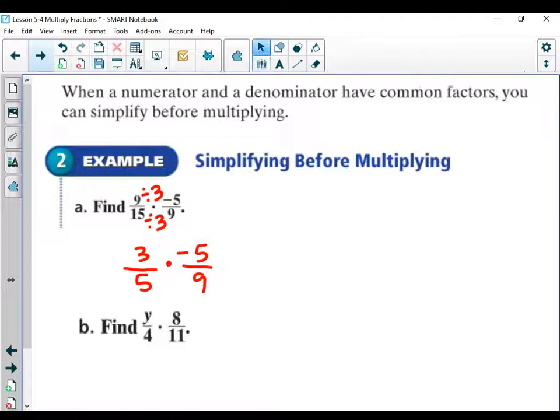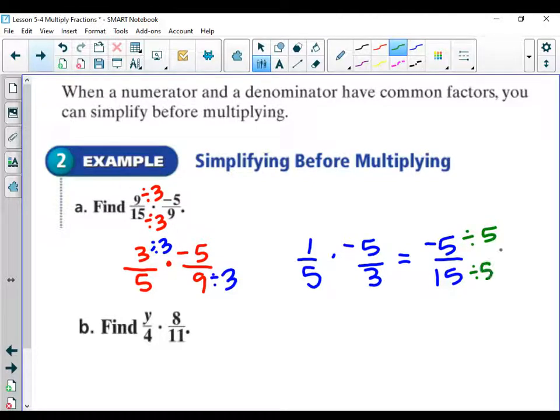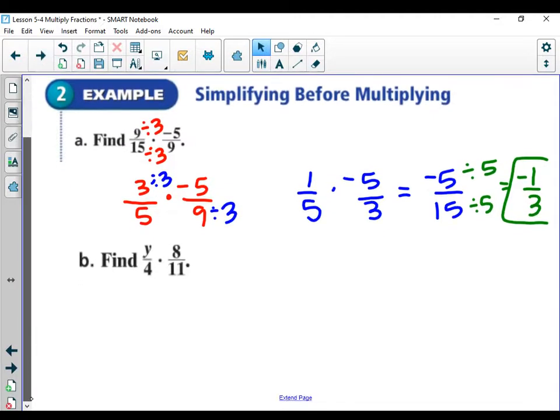Some people say, can I divide by 3 again? Of course I can. And you just keep simplifying your way across the problem. Same answer as I got before. So one nice thing about multiplying is there's a bunch of ways you can simplify before you multiply if you want. You don't have to. You can do it at the end again if you would like.